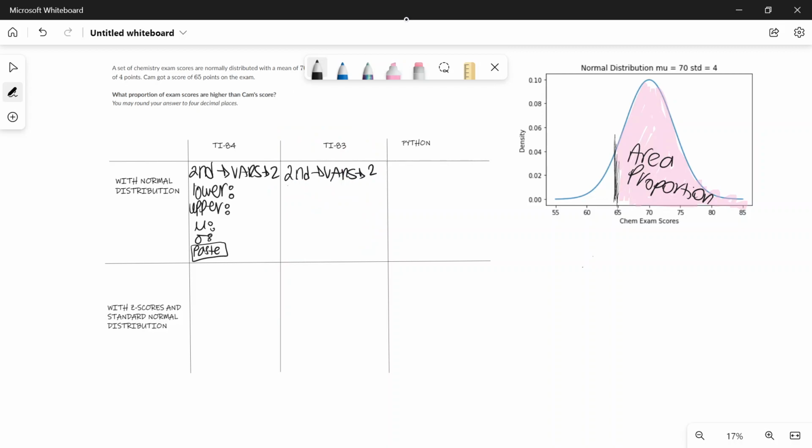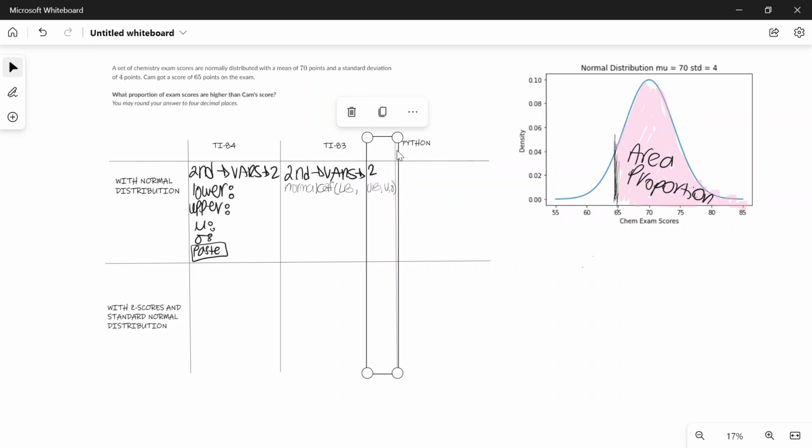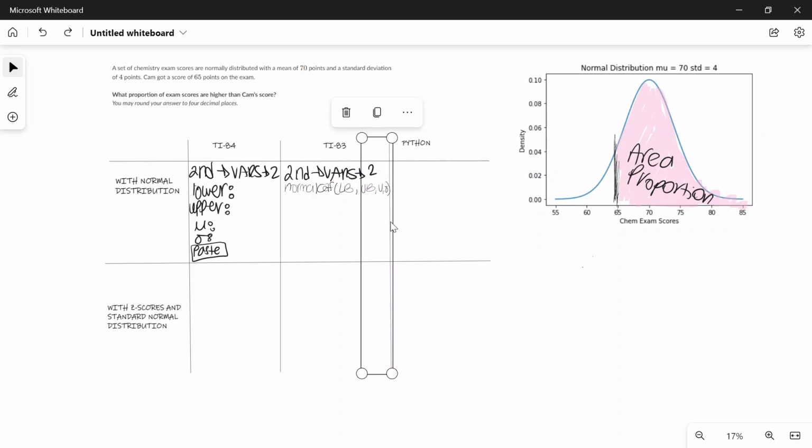It's going to be normal CDF, and you're going to have to put lower bound, upper bound, mu, and sigma. Let me move this line over here. What is wrong with this thing?